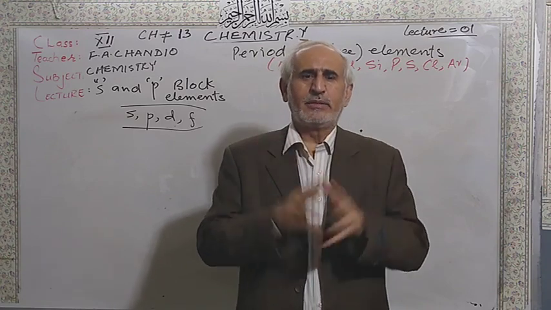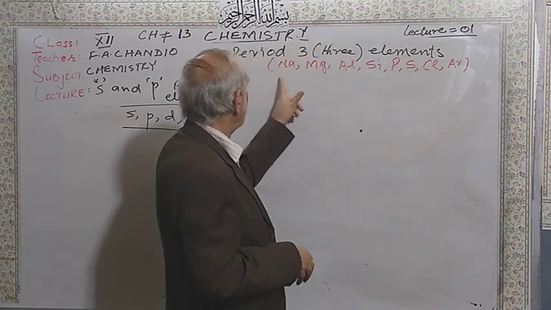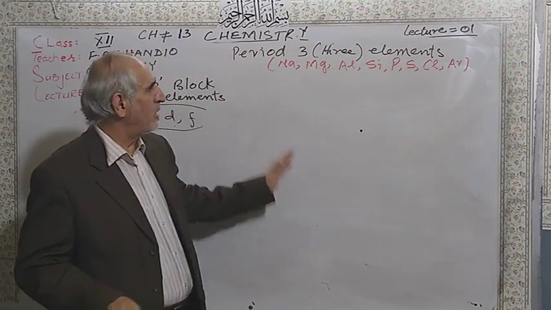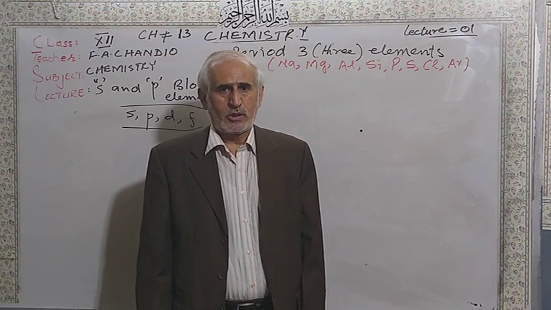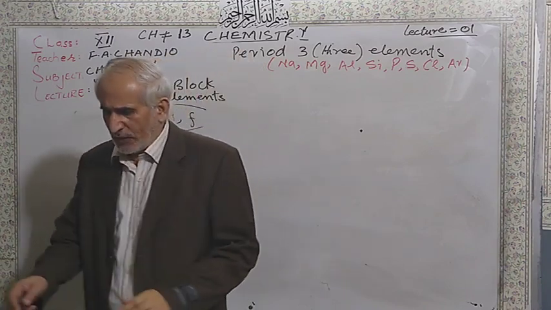We have to see these for the period 3 elements, going from left to right in the periodic table. So one by one we have to explain.